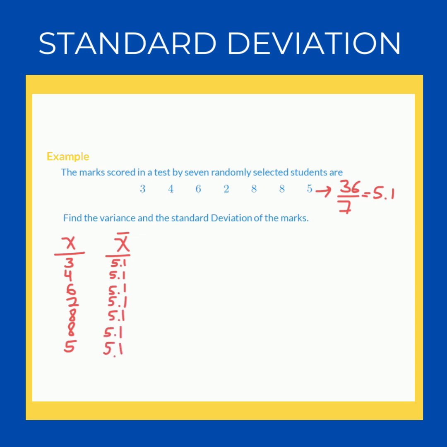Now we need to subtract the mean, which is x bar, from each x. So x minus x bar.